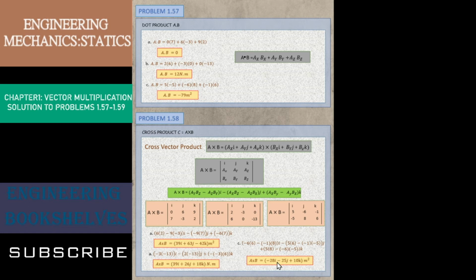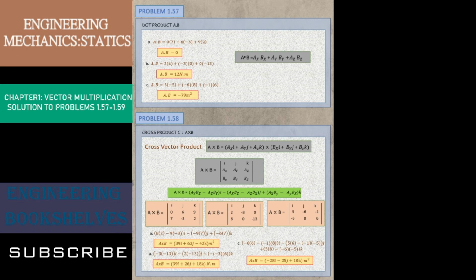So we have this answer. Negative 6 times 6 is negative 36 plus 8 is negative 28i. And then 30 minus 5 is 25, so negative 25j, and then 40 minus 30 is positive 10k N squared.